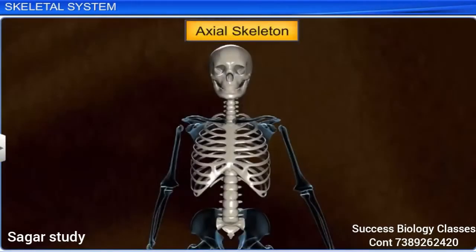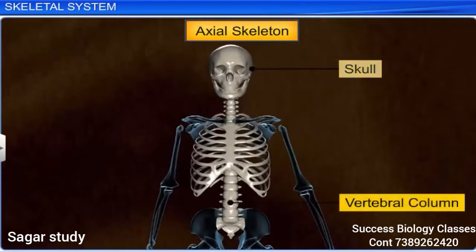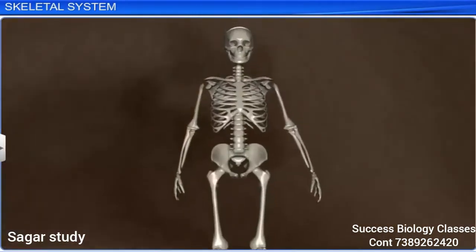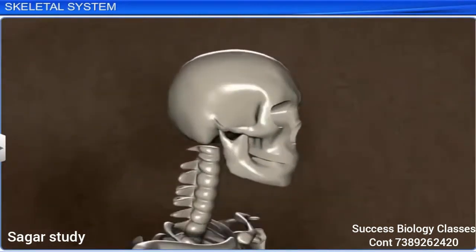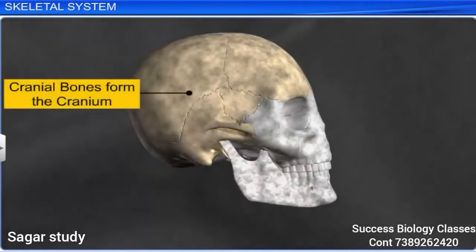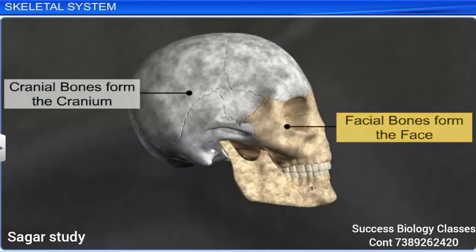The axial skeleton consists of 80 bones, which include the skull, vertebral column, ribs, and sternum. The skull has two sets of bones, cranial and facial. The 8 cranial bones fuse to form a cranium or brain box, while the 14 facial bones form the face.